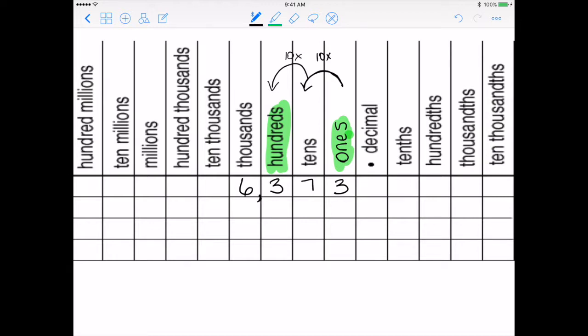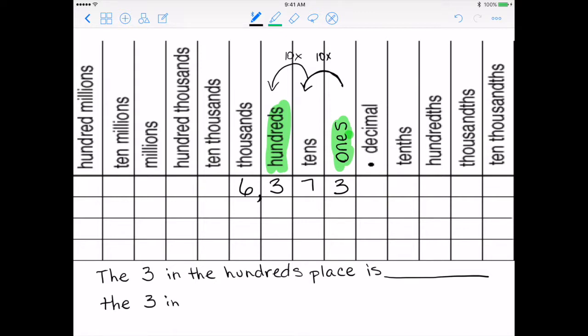So now if we were to write this out, we want to know the 3 in the hundreds place is blank the 3 in the ones place.